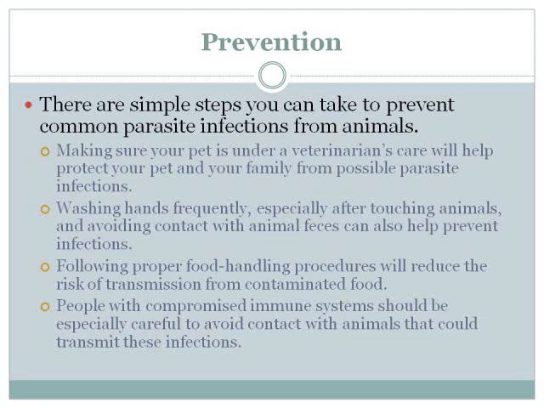Also follow proper food handling procedures and avoid contact with infected animals. If you work with a vet, like a veterinary pharmacist, your chances of getting these infections will be higher, so make sure you are properly protected.